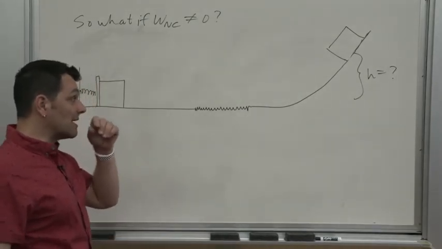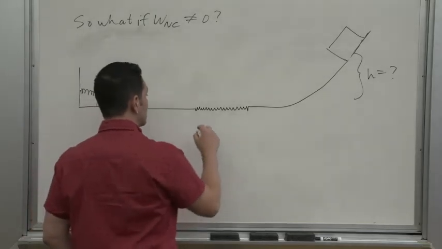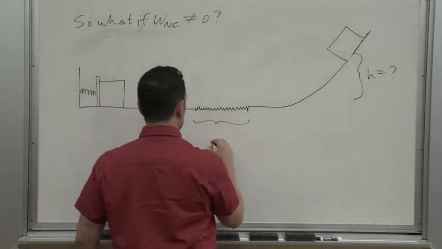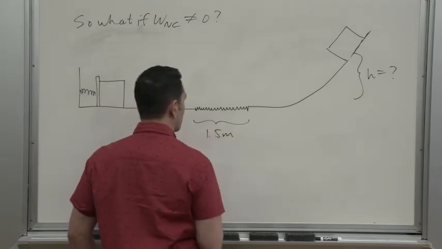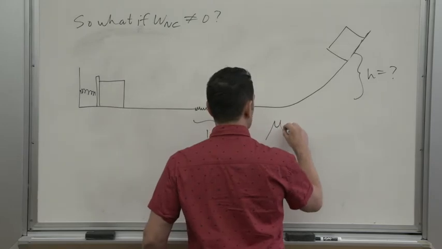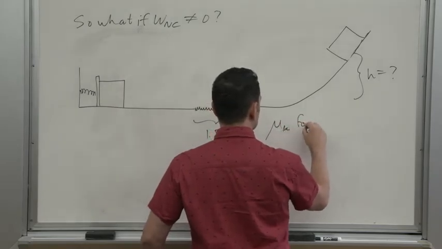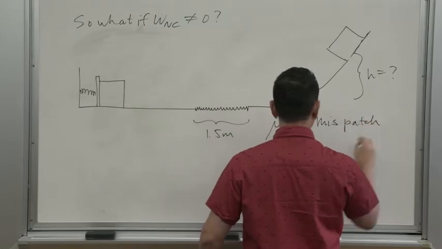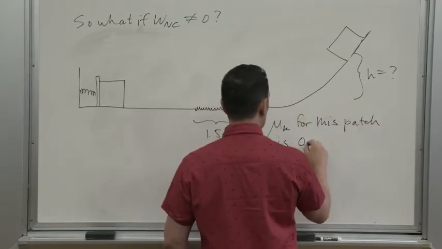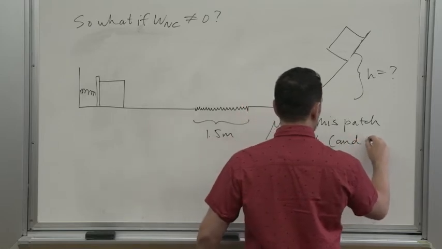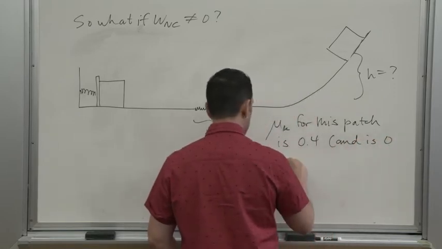So what I'm going to do is I'm going to say that there's going to be a patch of ground, and this patch of ground is going to be 1.5 meters long, and the mu kinetic for this patch is equal to 0.4 and is 0 everywhere else.